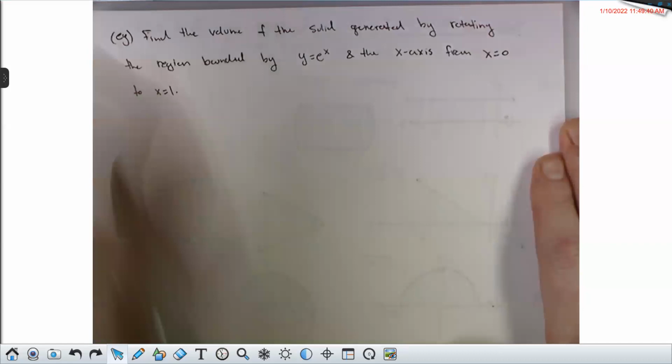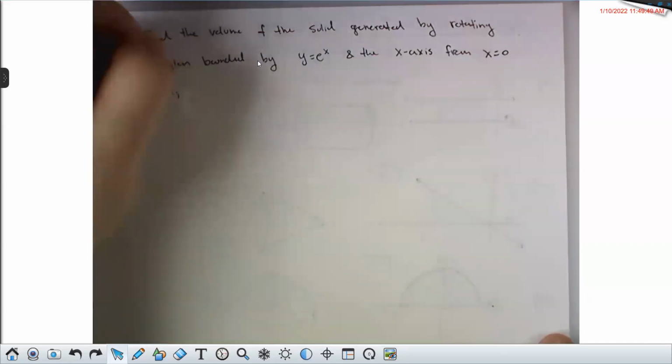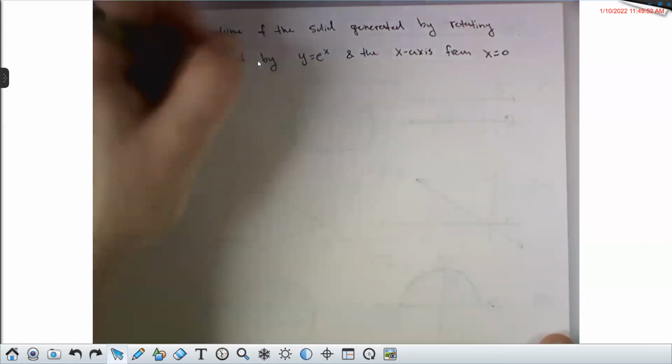These problems tend to be a little bit wordy, so in the future I'll just say, find the volume, and then I'll list the boundary curves and any other information you need. Now we need one more thing here about the x-axis.